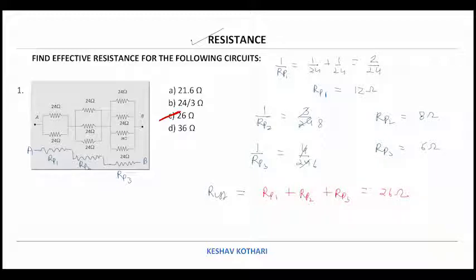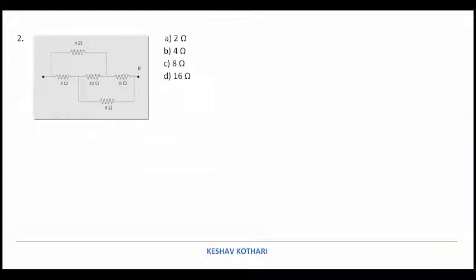Let us move to the next question. Question number 2. Over here we see that this particular circuit resembles the Wheatstone bridge. In case you cannot see it in the form of a Wheatstone bridge, I will give it a different look. Let us say this is C, and this portion is named D. If I redraw this circuit, from A to B there are two important portions.